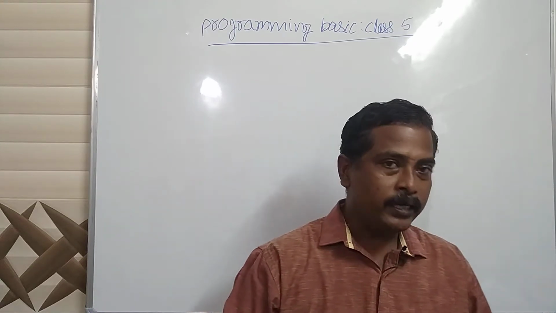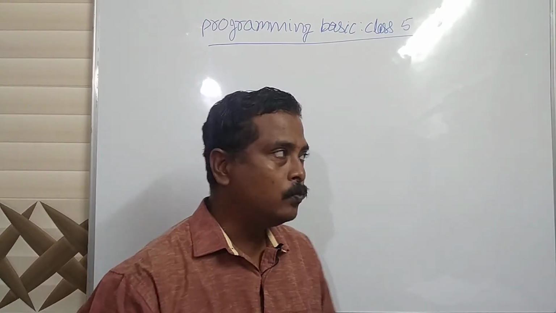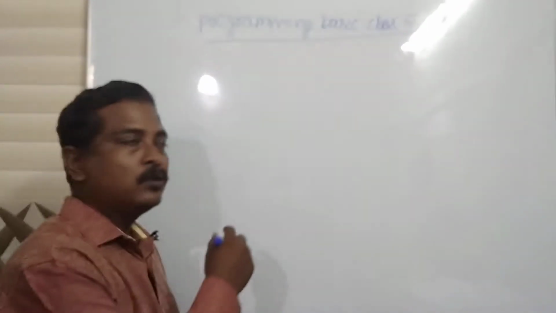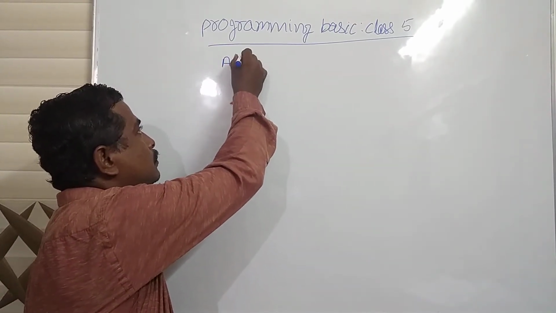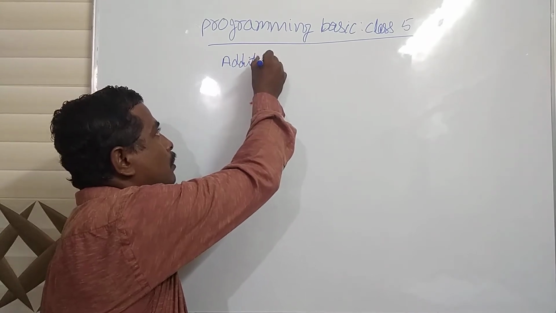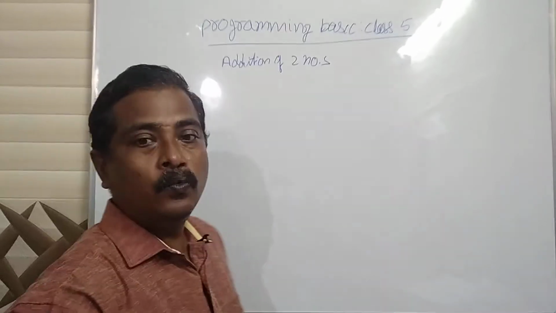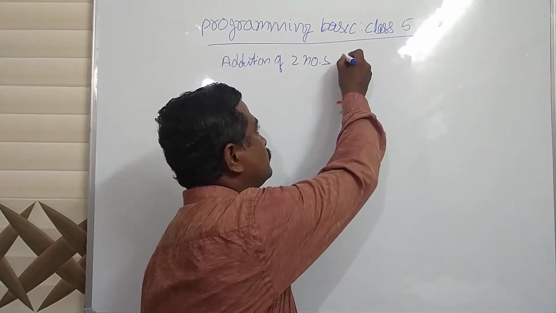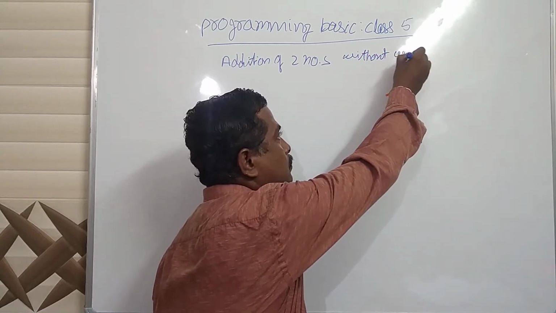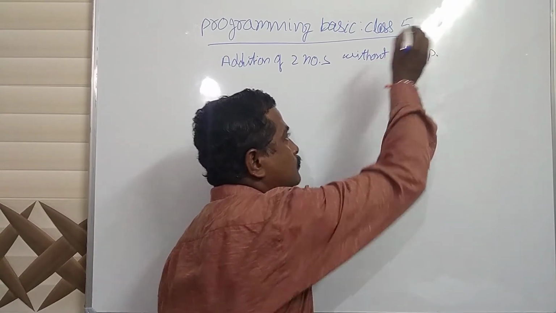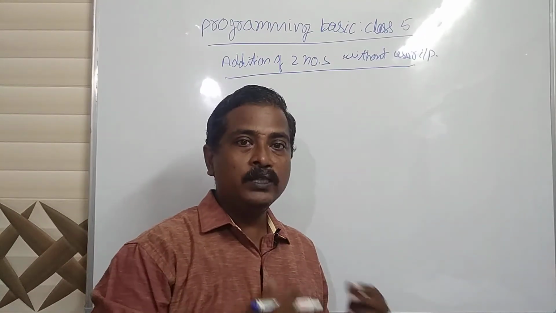So today in our fifth class of programming basics, we will see another program, that is addition of two numbers without user input. Why did I say without user input?